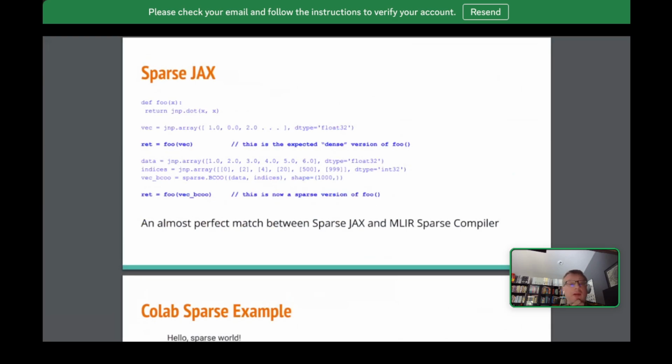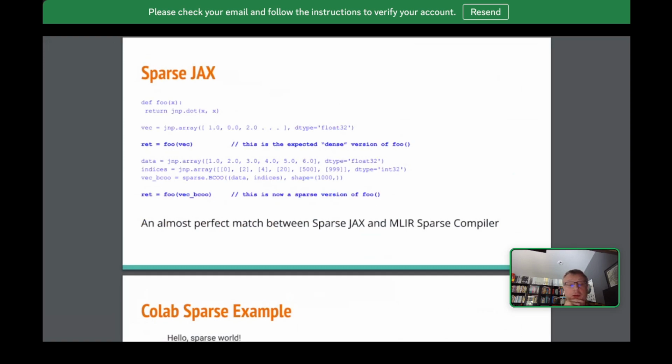That can be anywhere from vectors, matrices, and tensors generalization. And they are typically in JAX used for sparse. So here I just take a vector, I construct this vector and call foo, and then you get the dense version of foo.